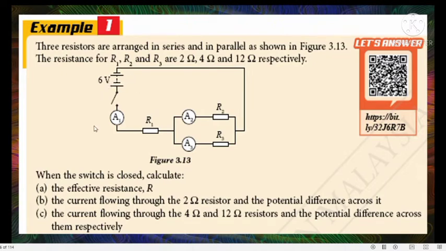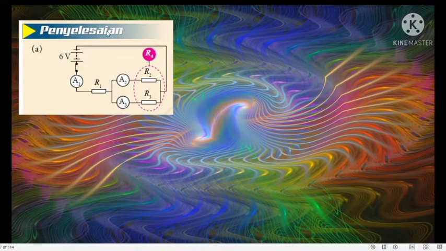First of all, when you look at the circuit, this circuit is a combination of series and parallel. If you look at R2 and R3, they are in parallel because they are sharing the current. R1 and the parallel part are in series. As you can see, current flows in one direction. So now let's try to solve this type of question. This is the circuit just now.